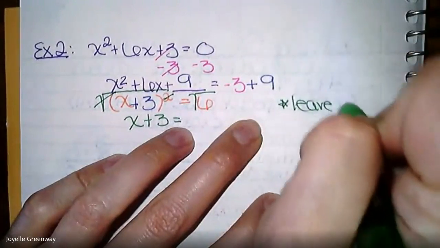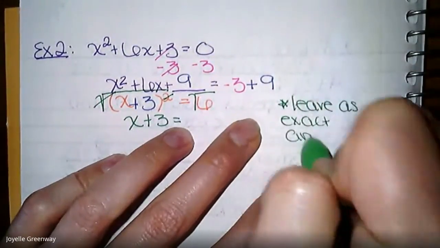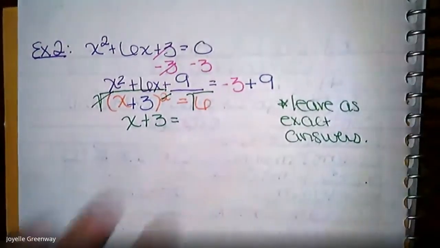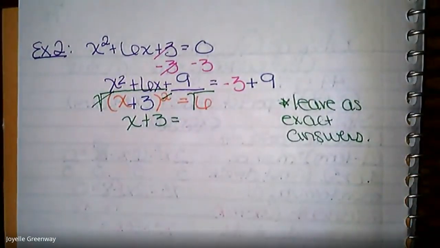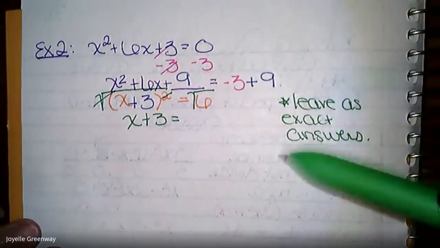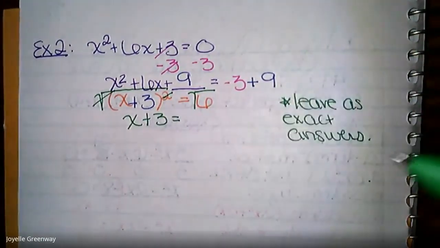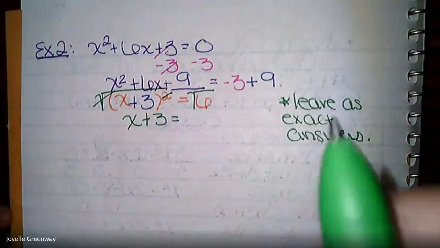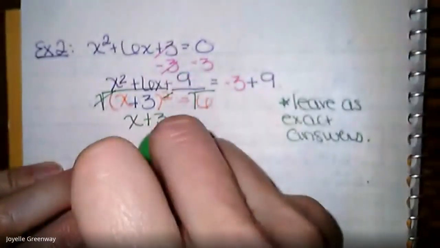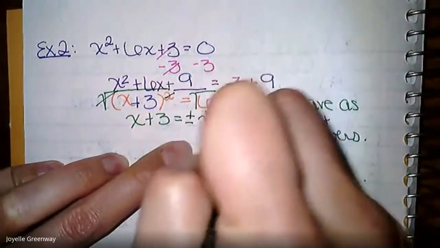Leave as exact answers. That is until we graph, but that's okay. Because when you're graphing that, you're not going to know where to plot the square root of 6 anyway. So we can estimate. So the square root of 6 is plus or minus radical 6.